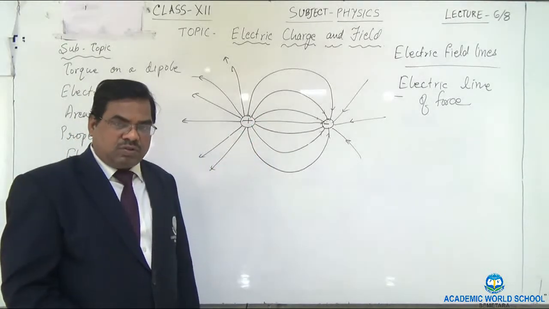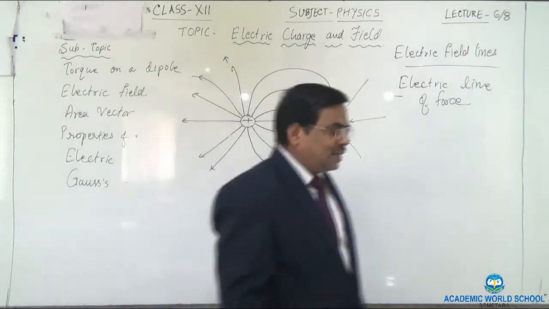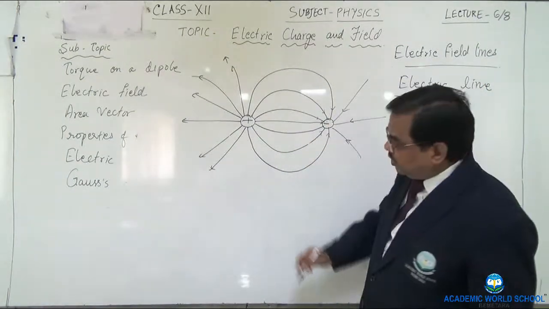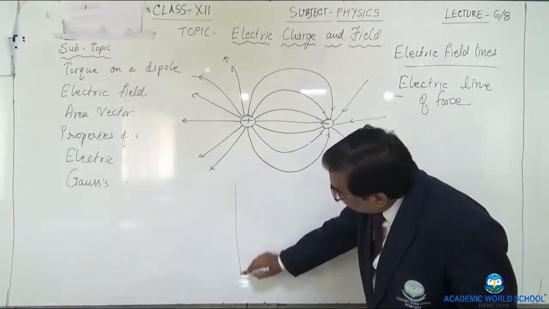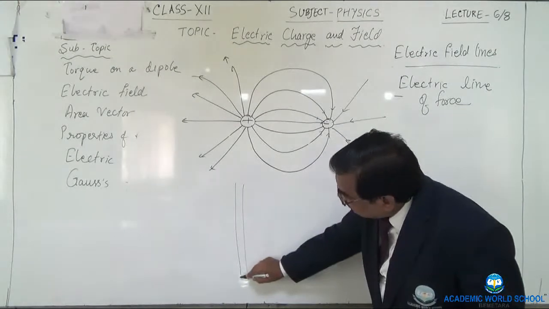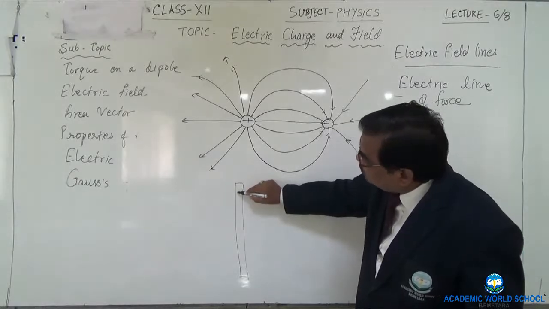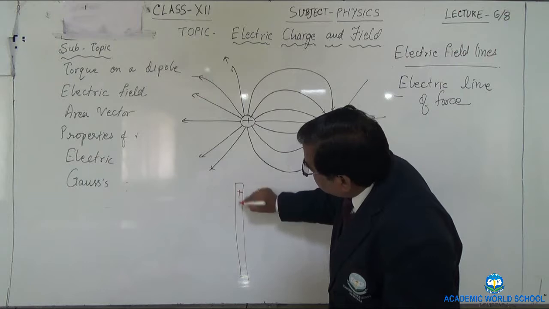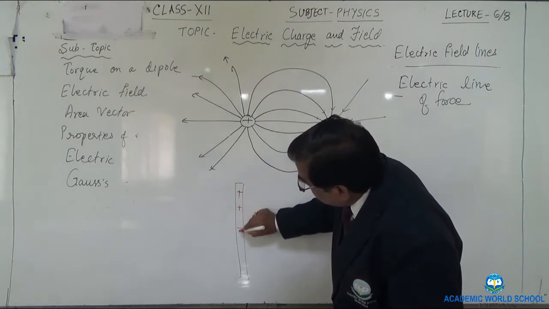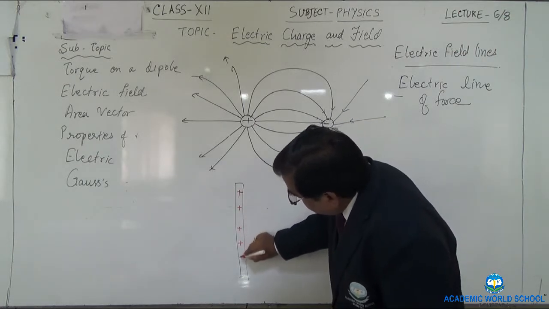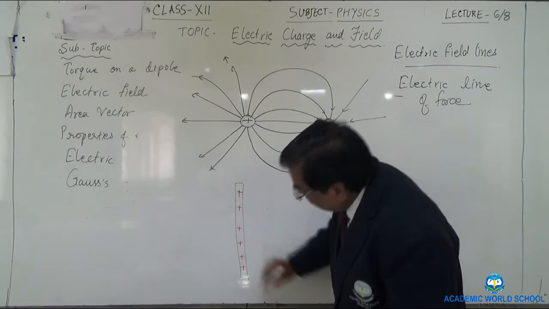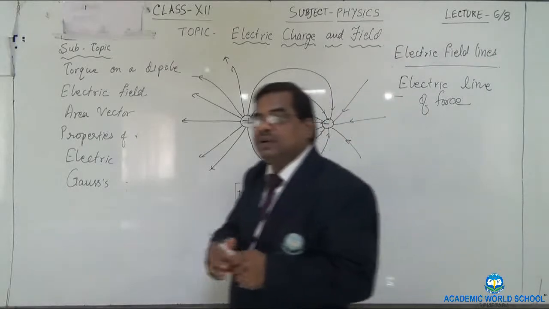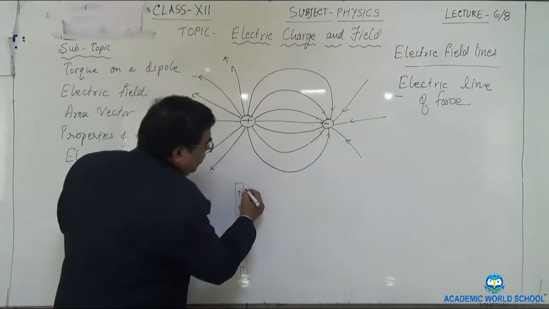You must be asking, if the charge is not a point charge, in that case what will happen? In such a case, suppose I have a plate, and this plate has positive charge everywhere on it. Now, you know a positive charge will always emit the electric field lines.